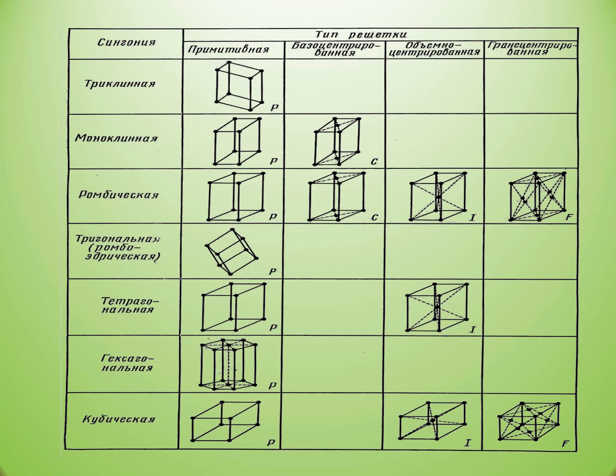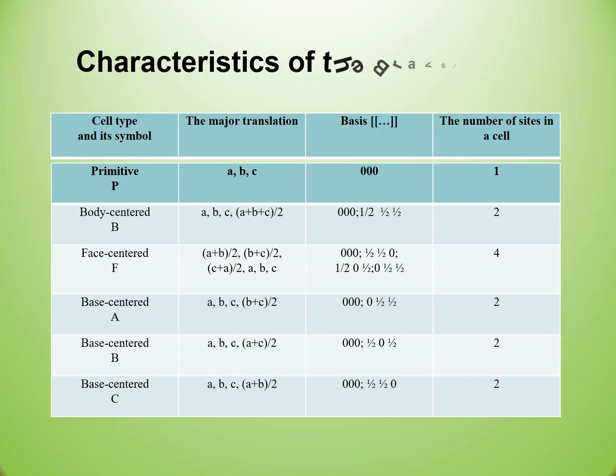But for example, in cubic syngony, you can see only the primitive, body-centered and face-centered. These types of crystal are widespread for the crystallization of metals. The group for all types of cells in each symmetry is given in special tables.